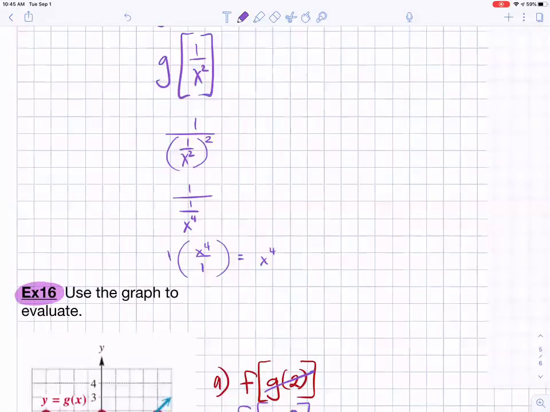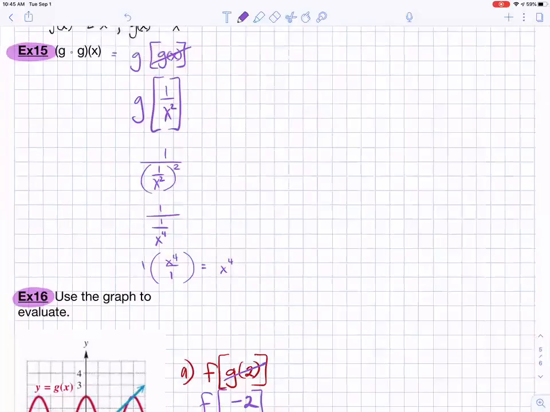Now, the reason that I wanted to make sure I came back and did this question is I want to look at domain. Okay? Domain. First question, do you have any letters on bottom? Well, not in your answer. But did you have any letters on bottom in any part of the problem? Yes.